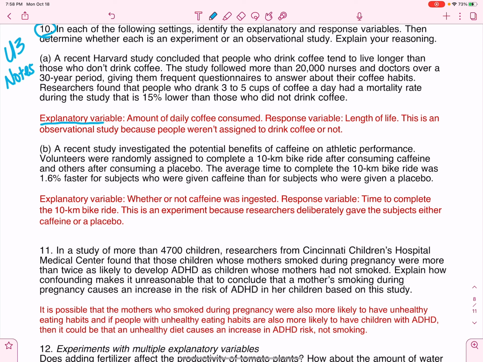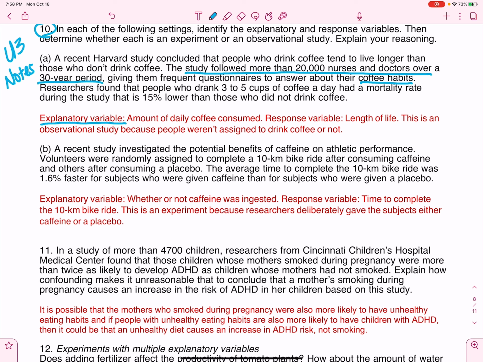So our explanatory variable in this particular situation, notice that in the problem you're shown that the study followed more than 20,000 nurses and doctors over a 30-year period, and they gave them questionnaires about their coffee habits. So the people that are involved in this are having coffee, or not.